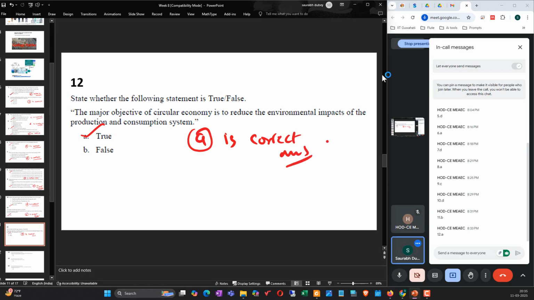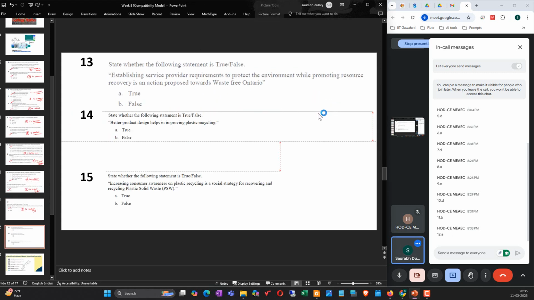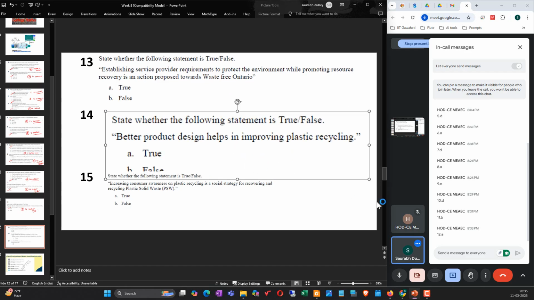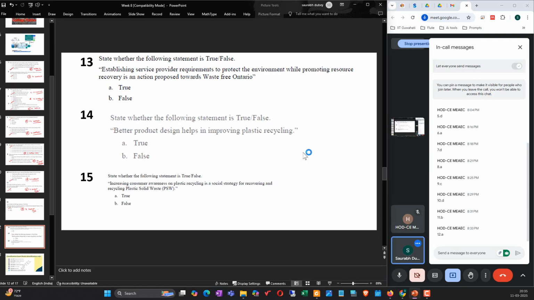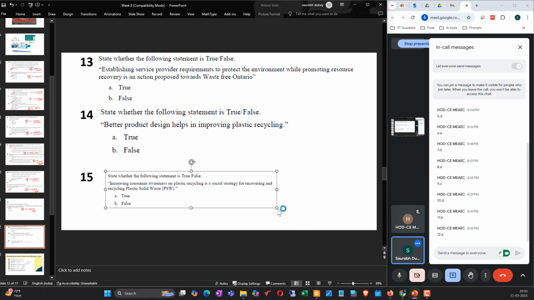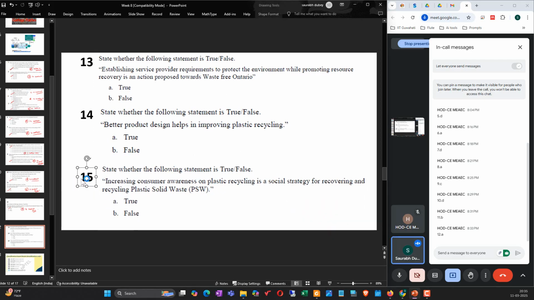Right? The next question is this one. The next question is 13th, that says: state whether the following statement is true or false.